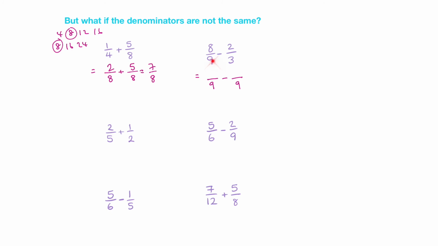Okay? Now, looking at the denominators, we've not changed anything here, so we don't change anything there either. But in this case, the 3 has been multiplied to make 9. 3 times 3 is 9. So this has been multiplied by 3. So we've got to do the same to the top there. So 2 times 3 is 6. So 8 ninths, take away 6 ninths, leaves us with 2 ninths.